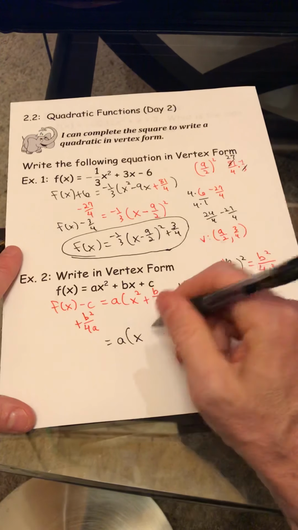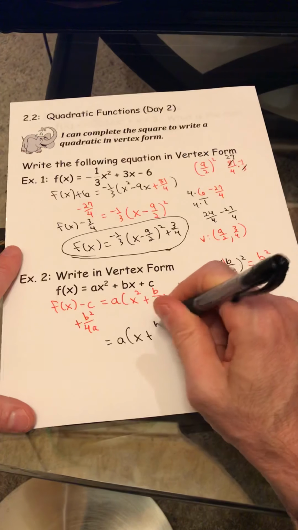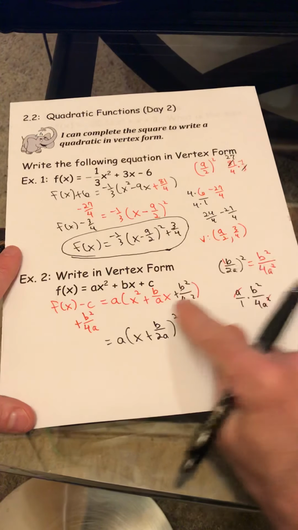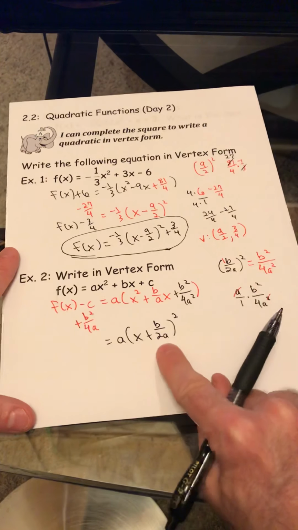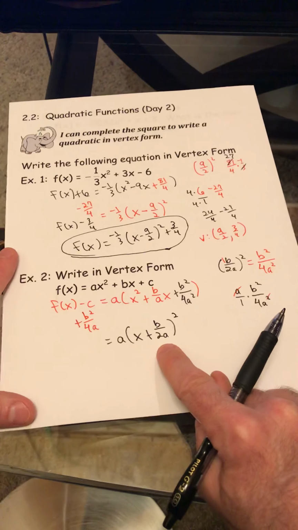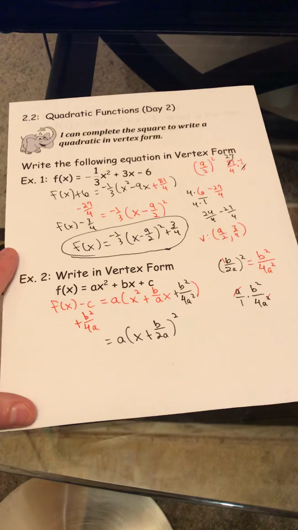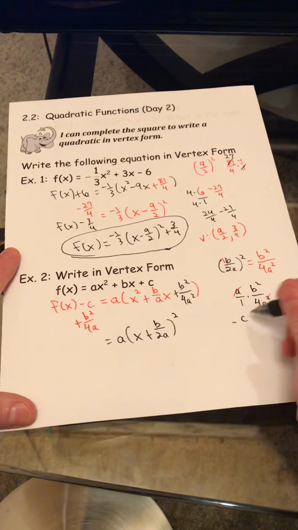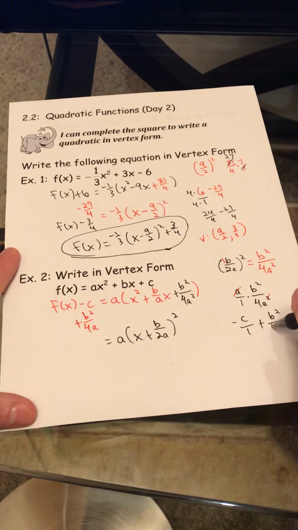Well, it's going to be plus b over 2a, which, as I mentioned, whatever you square is what ends up there. And so from here, what we have to do is I have a minus c over 1 plus b squared over 4a.